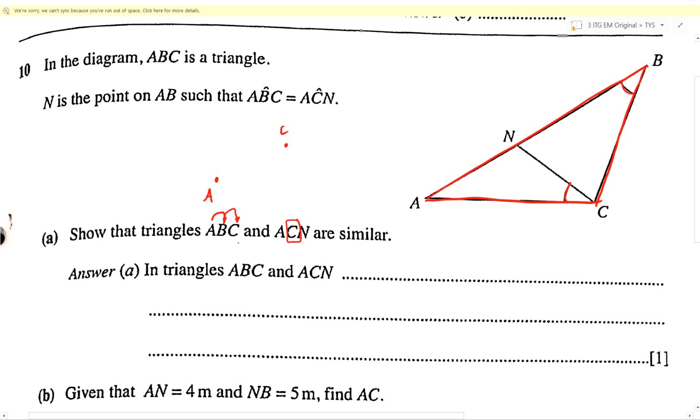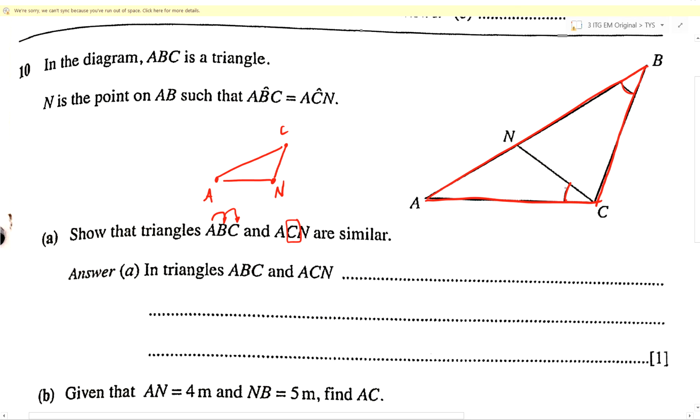And finally, the last letter in the big triangle, that is C. So in the small triangle, there will be N. Okay, they correspond to each other in this manner. So C is to the right of A. Therefore, N must be to the right of A as well. So this is the orientation for the small triangle. Then based on this, we identify all the angles that are the same or corresponding.